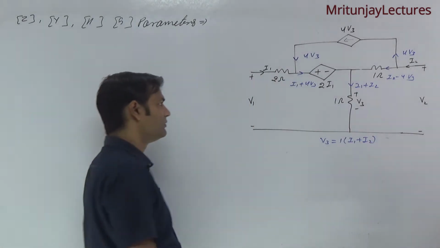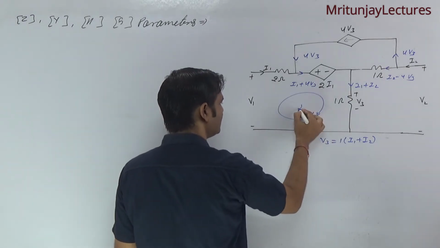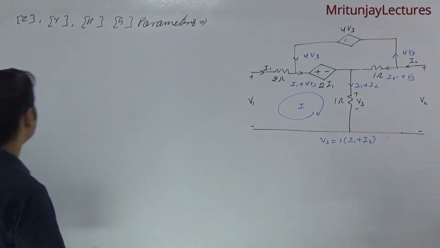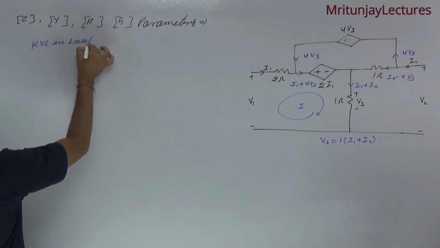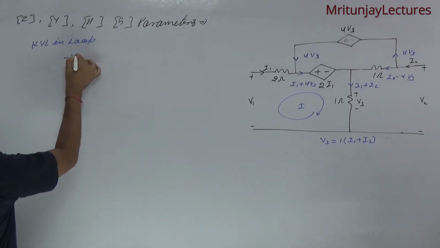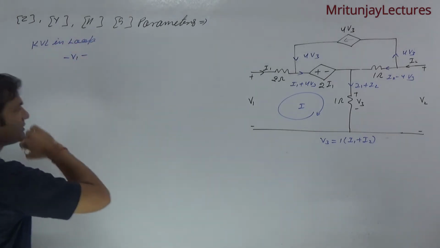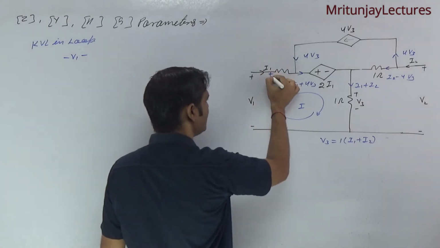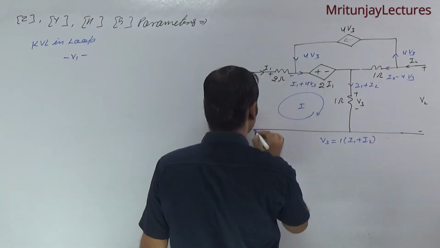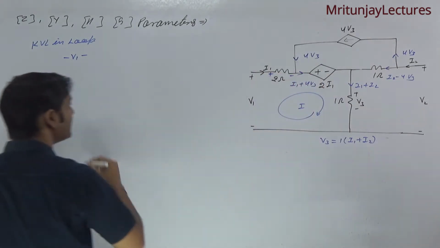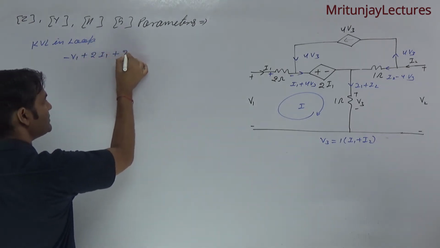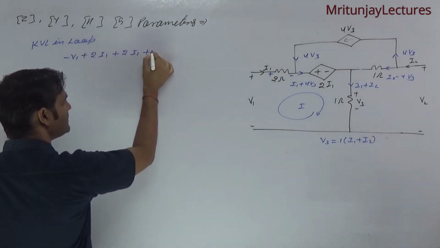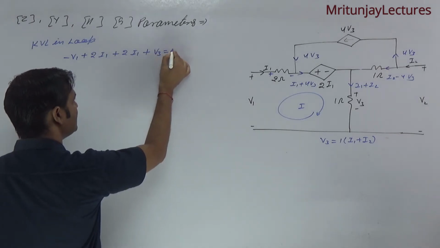Now if we apply KVL in loop 1, we get V1, what about polarity corresponding to this one, plus 2 into I1, plus 2I1, plus V3, equal to 0.